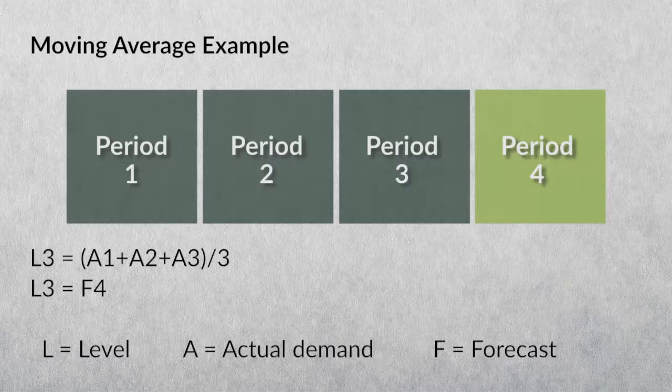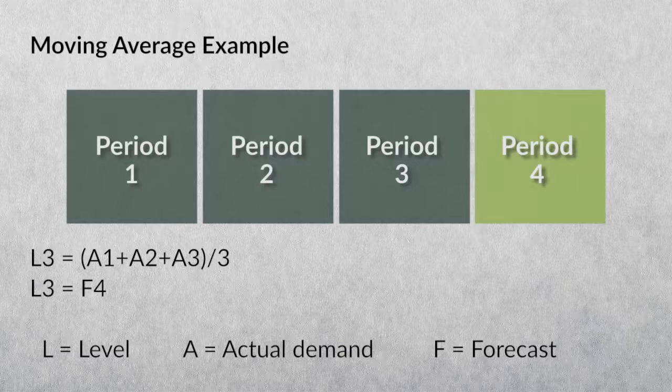A1, A2, and A3 represent the actual demand in each of those 3 time periods. We take the average of that. That gives us the level in time period 3, which becomes the forecast in time period 4. Likewise, in a 4-period model, the first period that you can forecast would be period 5, following the same logic.